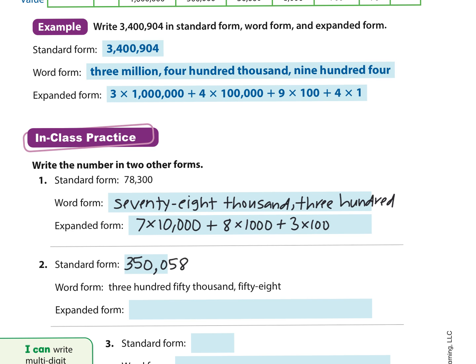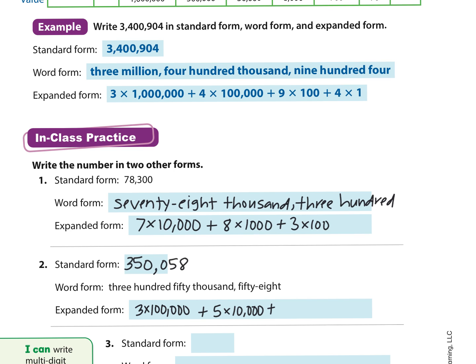Expanded form. The 3 is in what place? If you forget, you have a place value chart up above. 100,000s. Good. So it's going to be 3 times 100,000 plus 5 times 10,000. I don't need to do anything for the zeros because we're just wasting lead.